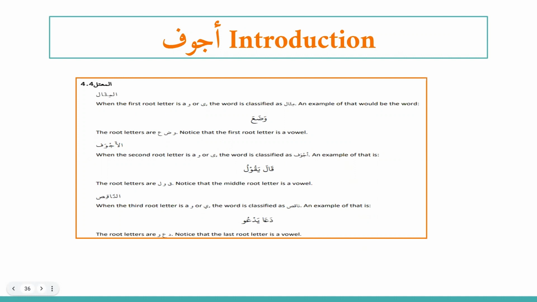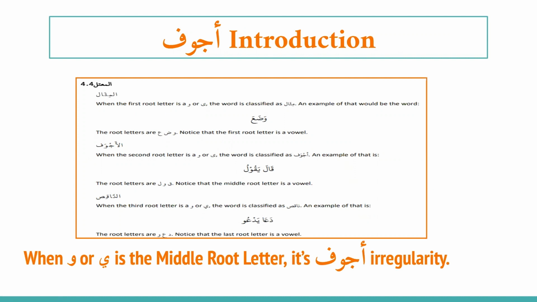And we call it Ajwaf when the middle root letter, or the second root letter, is either ya or waw. So by definition, Ajwaf irregularity is there when the middle root letter is either ya or waw.